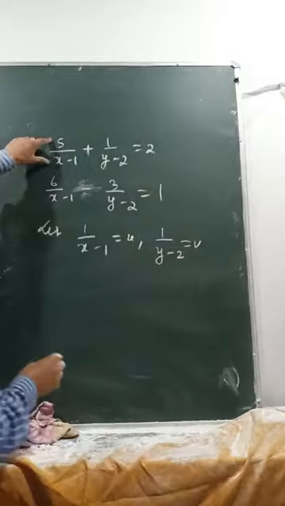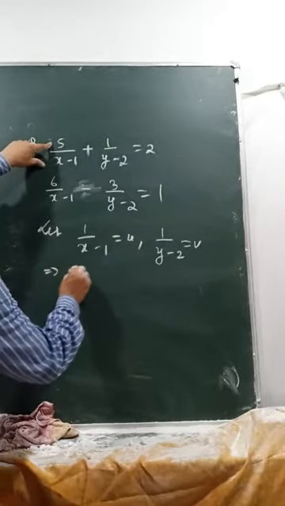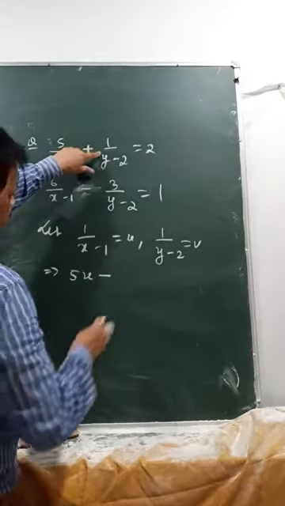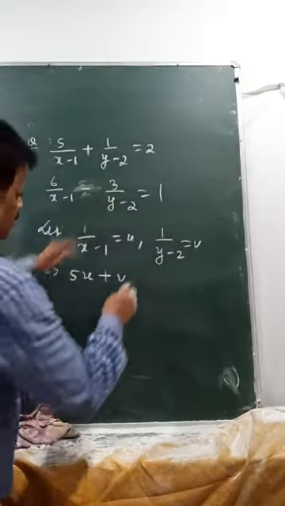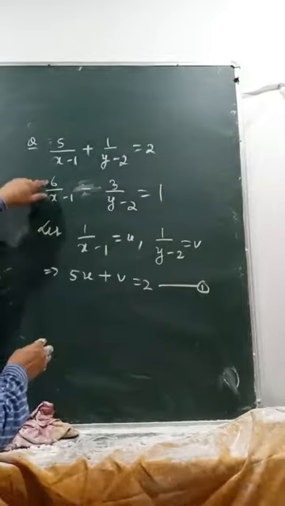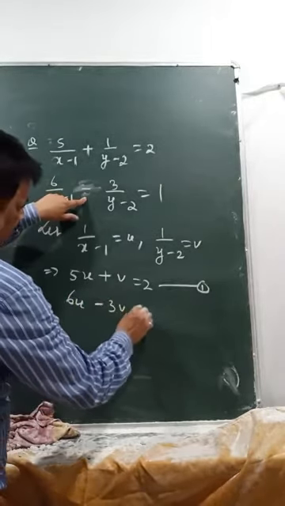So see this one, this is 5u plus v, because 1 by y minus 2 is v, equals 2. Equation number 1. This is 6u minus 3v equals 1.